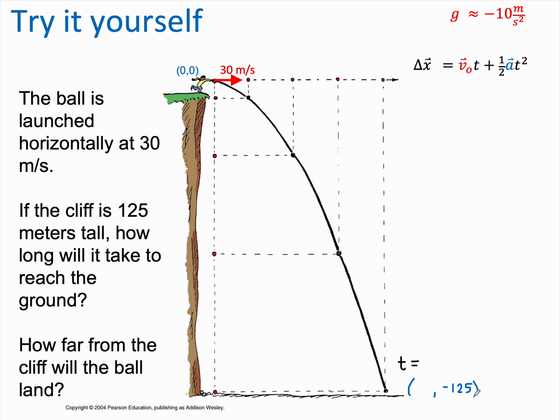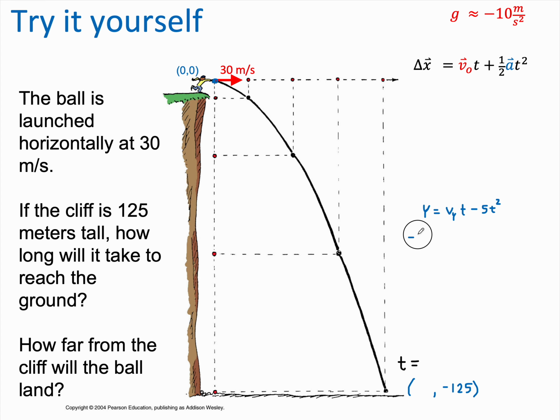Well, if we use that equation from the other slide, y equals the initial vertical velocity, v sub y, times time, minus 5t squared, we can solve this. Because this ball is being thrown horizontally, there is no vertical velocity.